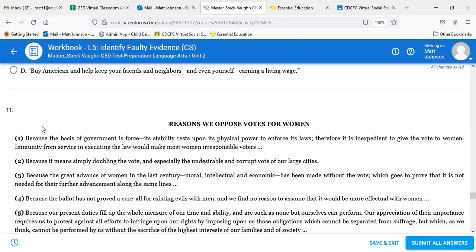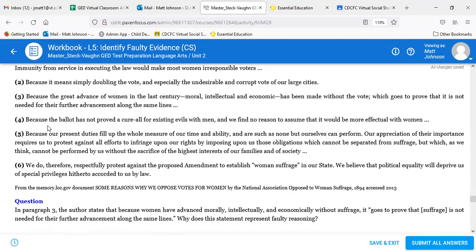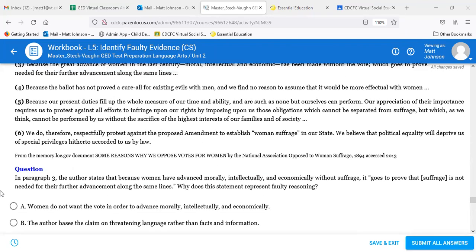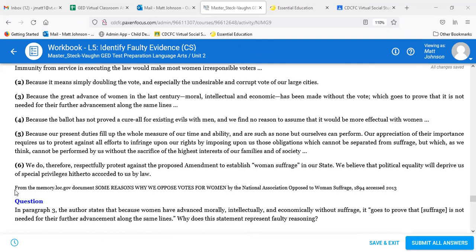Reasons we oppose votes for women. And fortunately, this was not written in the 20th century or later. So number 11, we're on number 11. It's from Some Reasons Why We Oppose Votes for Women, the National Association Opposed to Women's Suffrage, 1894.